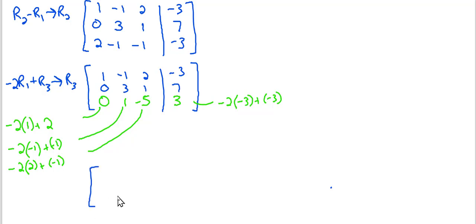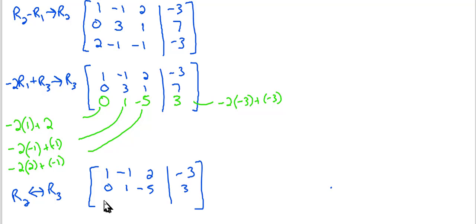Remember, one of my row operations allowed me to switch 2 rows. So I'm going to switch row 2 and row 3. I want to make sure we don't get too procedural in that when you want a 1, you always multiply by the reciprocal. Do what makes sense so that your numbers are a little bit easier to work with.